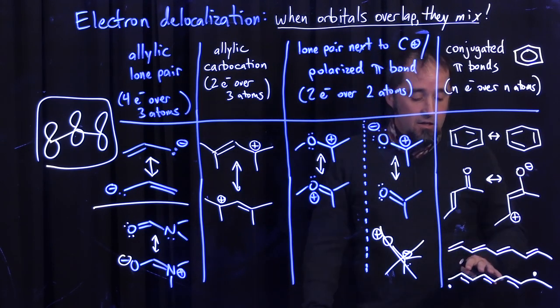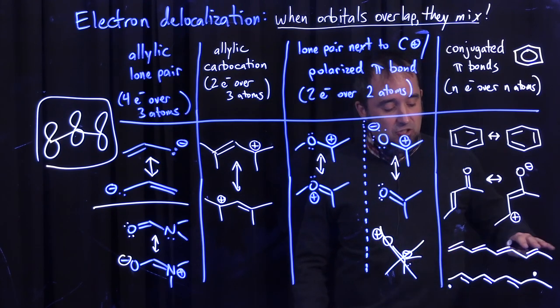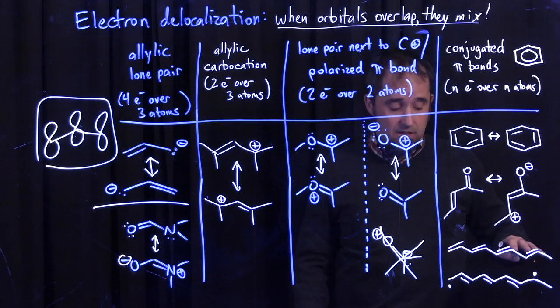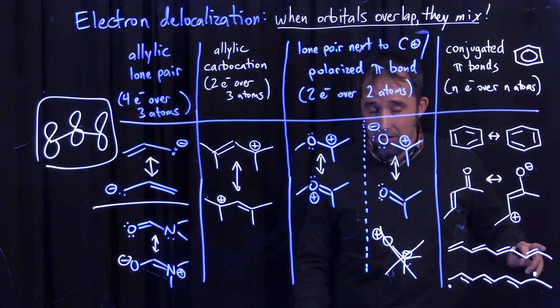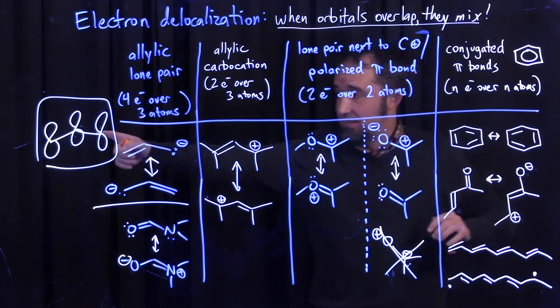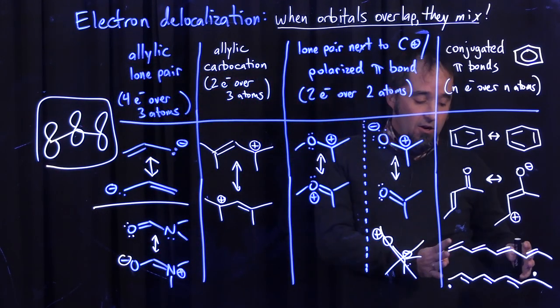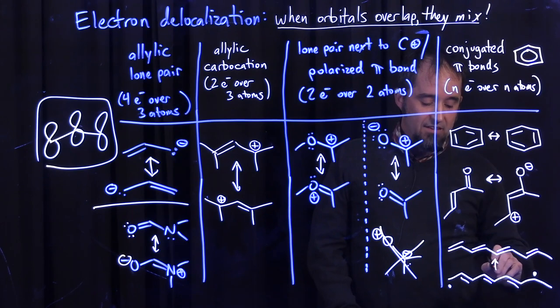And finally, here we can think about really long extended systems. So here I've got 8 electrons over 8 atoms. Notice this 9th atom really kind of isn't involved. There's no pi bond there. But all 8 of these pi orbitals are connected to each other. So here I can think about, again, resonance structures.